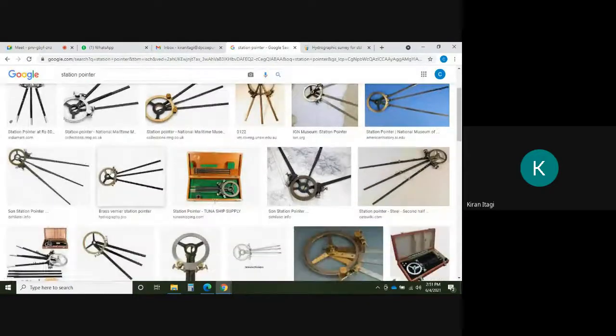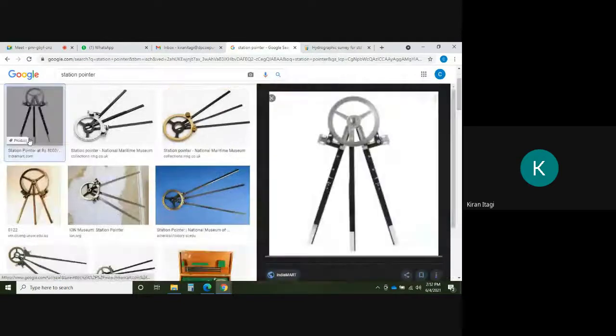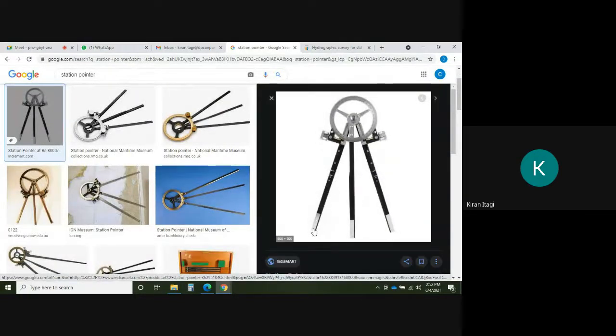So this is your station pointer, how it actually looks. Here we can see three arms, or 3 levers. This is station A, station B, and station C. With the help of this, we will determine the position. See, the P point we will get here.